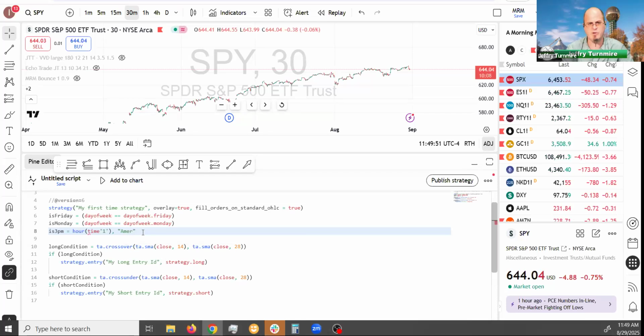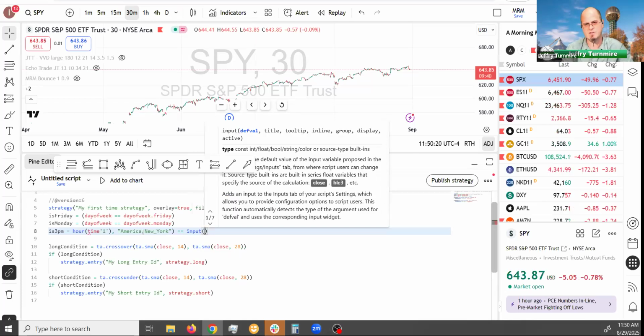America. This is common programmer jargon right here to get the time zone proper. America, New York. So we're going to grab the hour of the day right now. Is that equal to, and we're going to make this a variable that we can change the time just in case we want to test it.